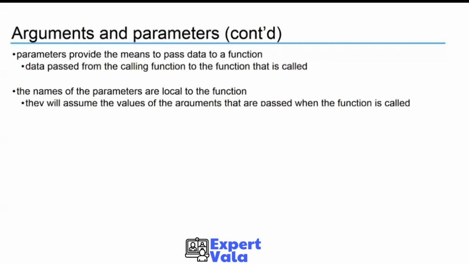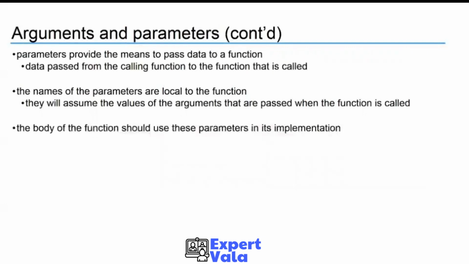So if you have a function called add, you pass in a variable as an argument. You pass in the value 5 and you have a function with a parameter x. X is going to be equal to 5 anywhere in the function body. The body of the function should use these parameters in its implementation.